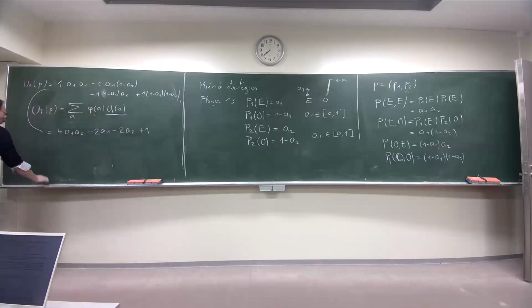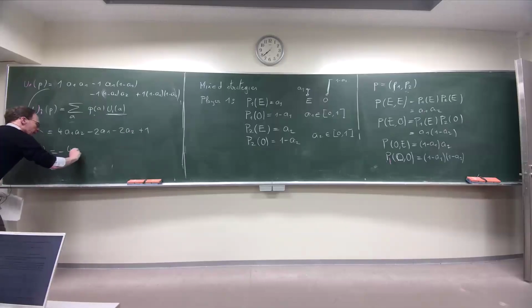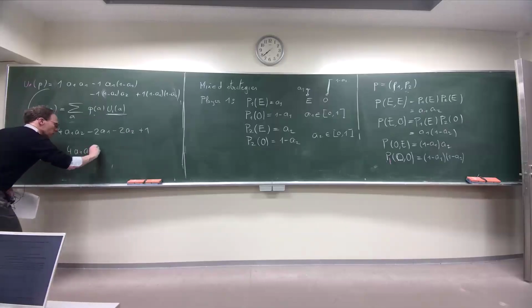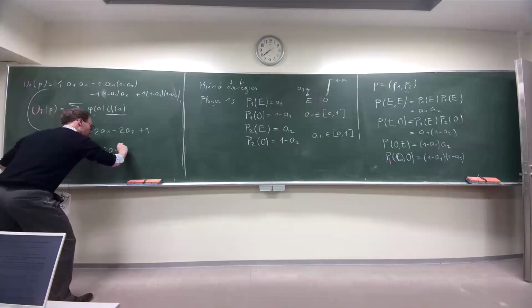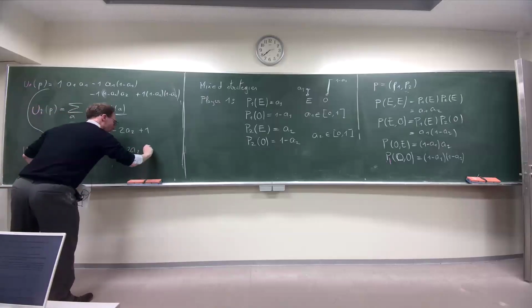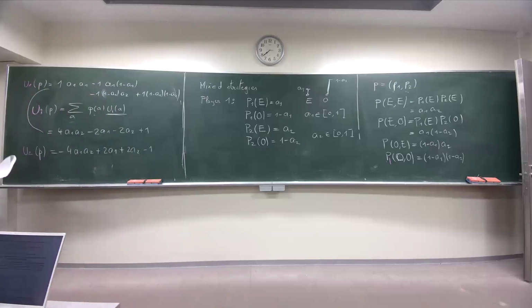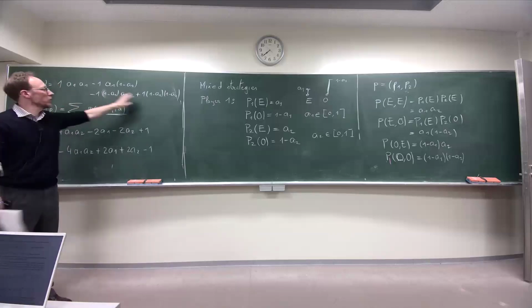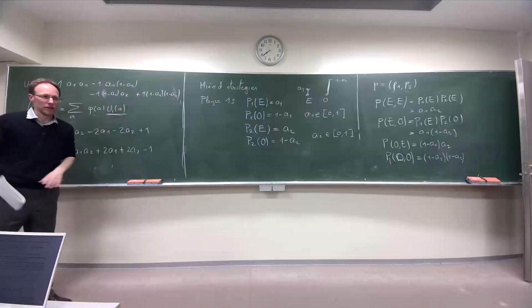And then I encourage you to check with the second one. I know the answer. In fact, it's minus 4 a1 a2 plus 2 a1 plus 2 a2 minus 1. But it's the same, except that it's quite clear. The other guy loses when it's even. So you have -1 in these two cases, and you have +1 in these two cases.